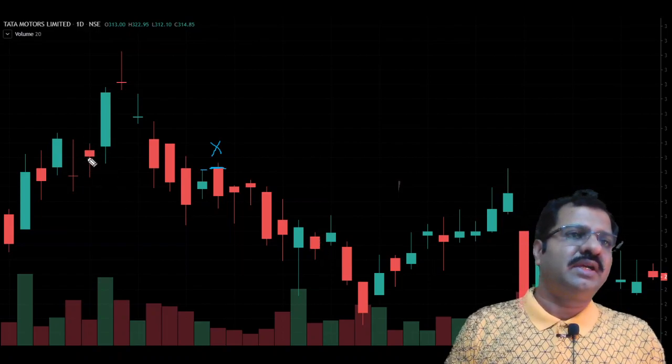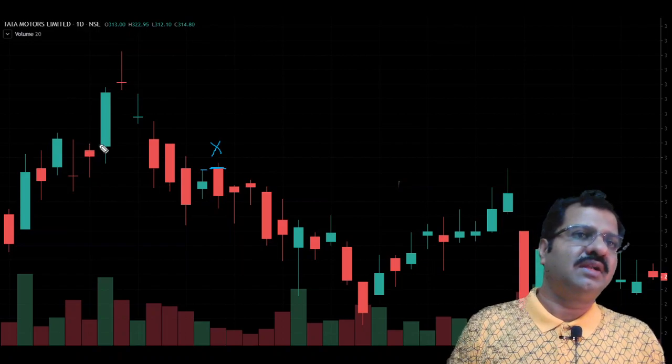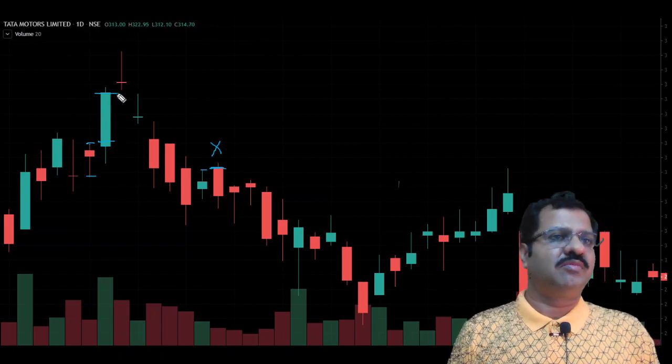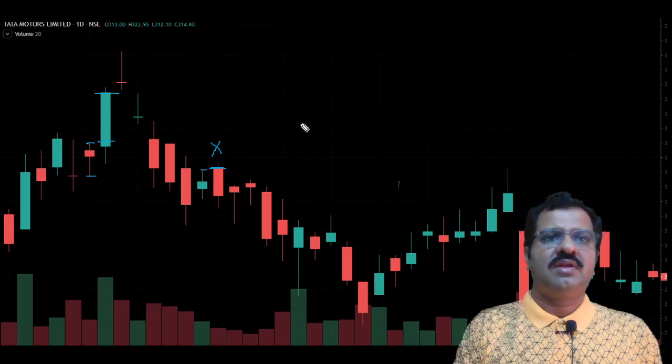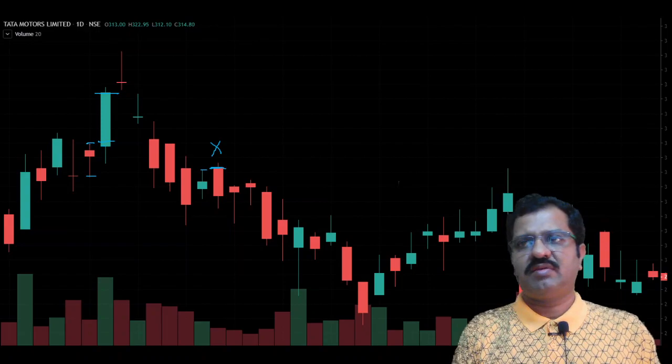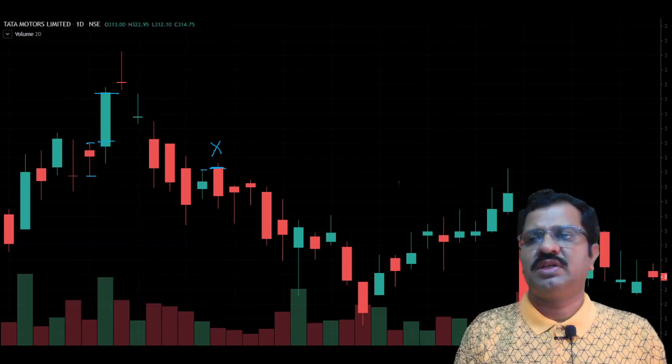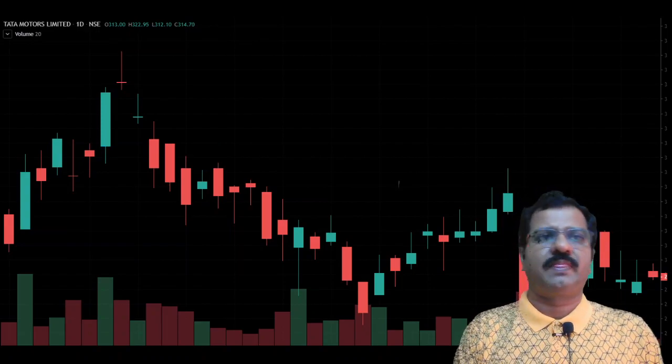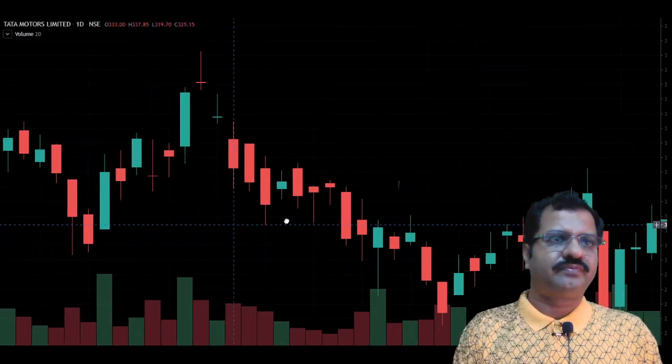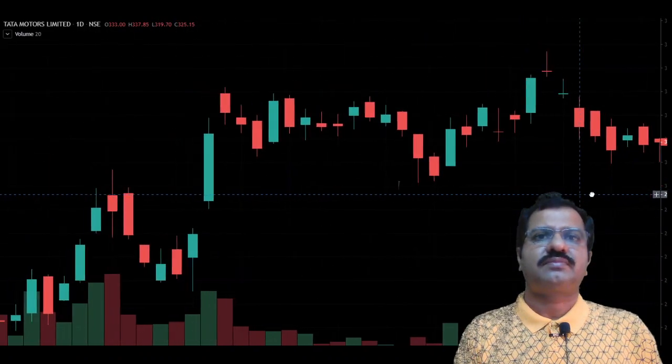Now see this day, this is an inside candle, price opened in between these two, and you bought it here and exited somewhere here. We'll see some more, and then I will explain some more important things about this strategy. So I'll just go back.